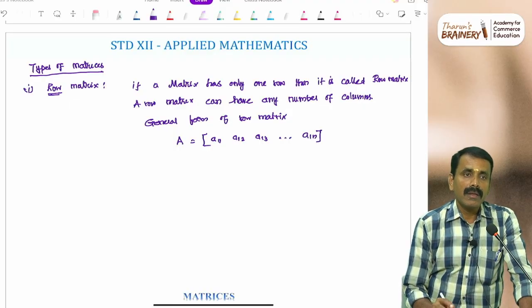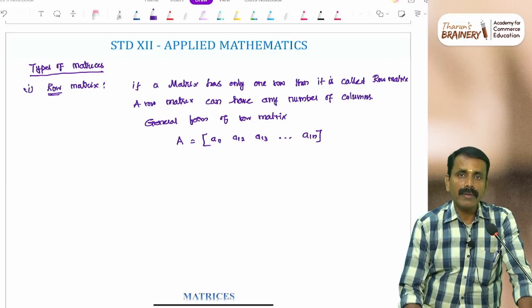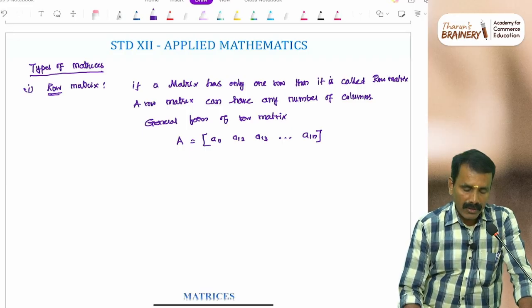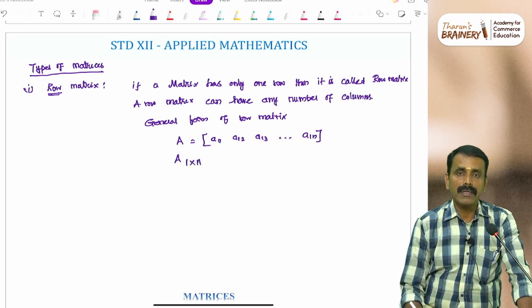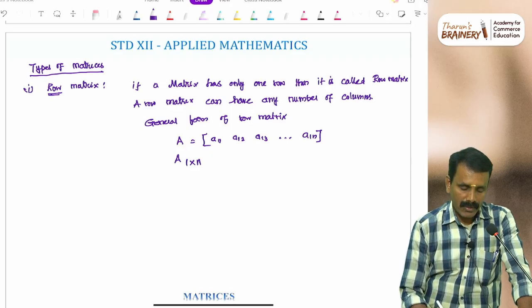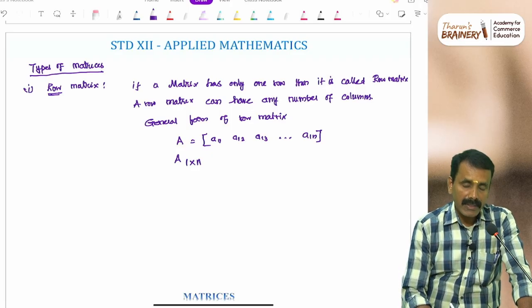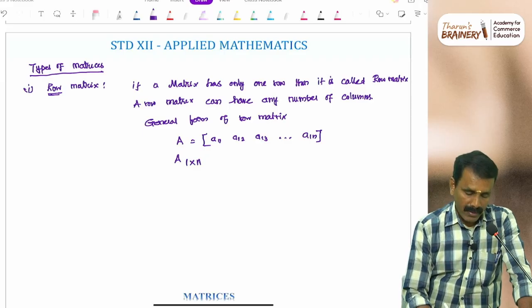What is the general order of a row matrix? The order of a row matrix will be of the form 1 by n. Is it clear? It will have only one row, but it can have any number of columns. That's why the general order of the matrix is 1 by n.